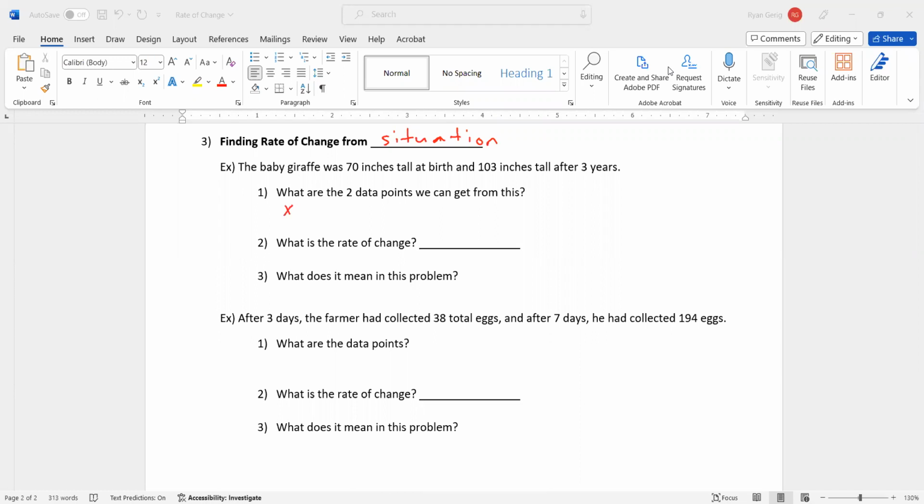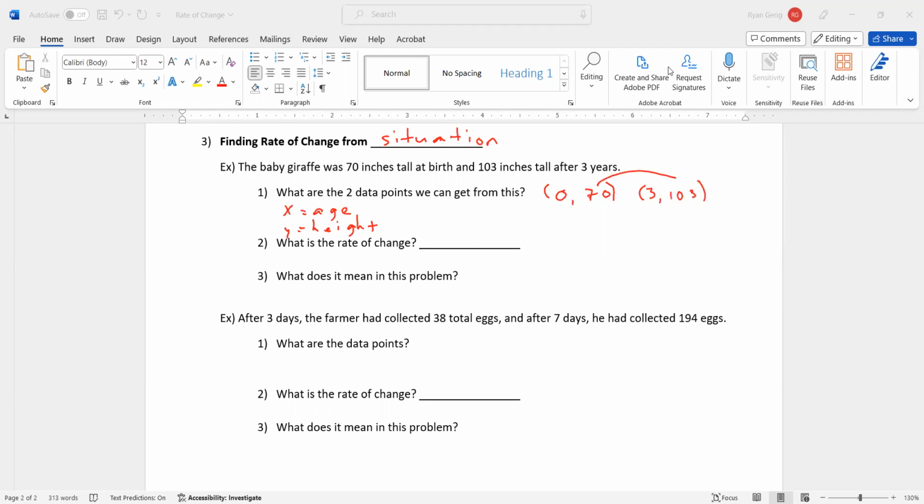Well, we're going to let X be age, and we're going to let Y be height. So you can see that we've got a change in X and a change in Y. So the age at birth is 0. How tall? 70. The age after 3 years was 103.